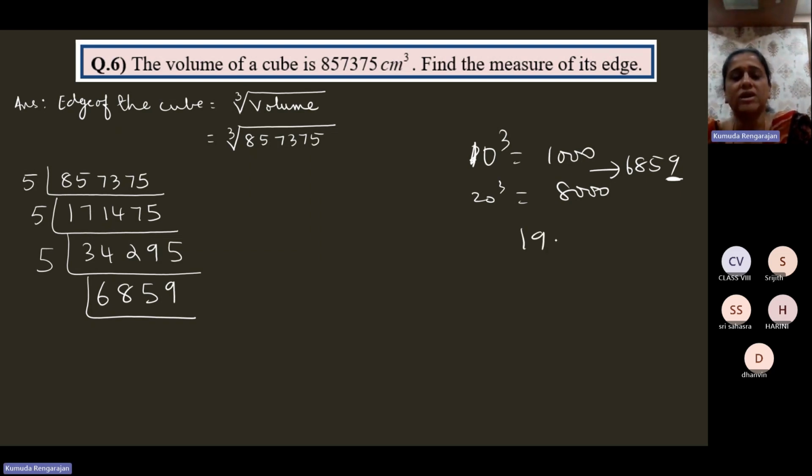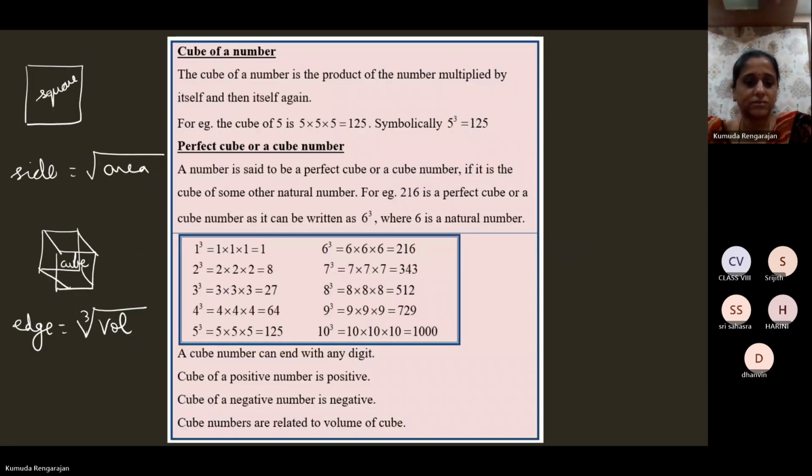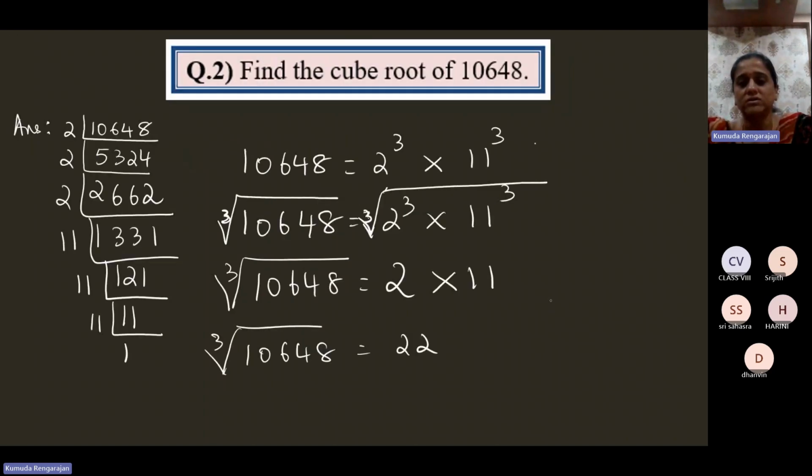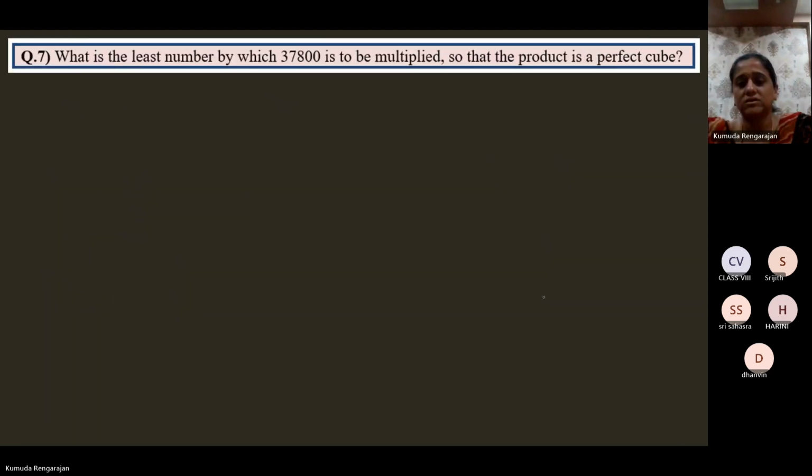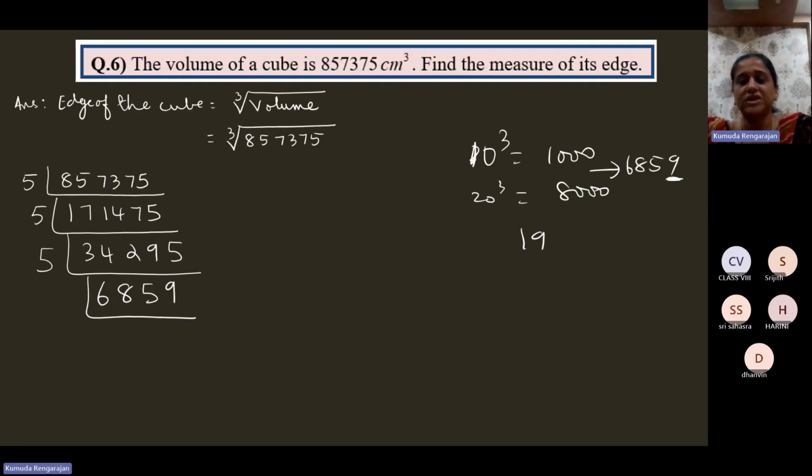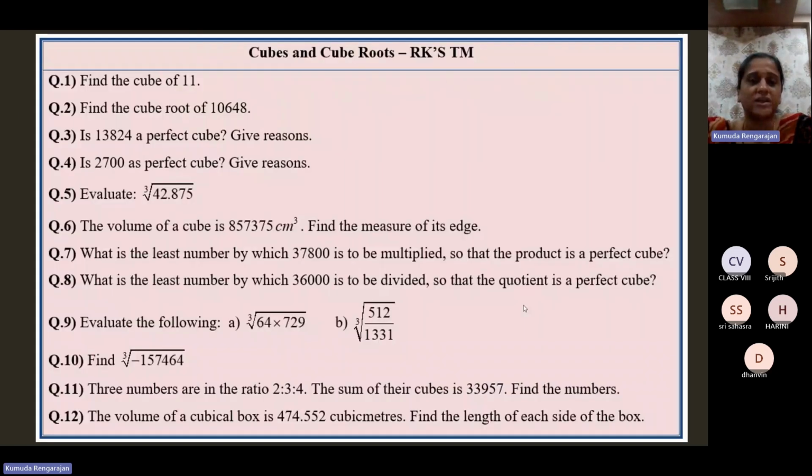Because 19 into 19, see this table. If a number ends with the digit 9, its cube also will end with the digit 9. And this number is 6859.